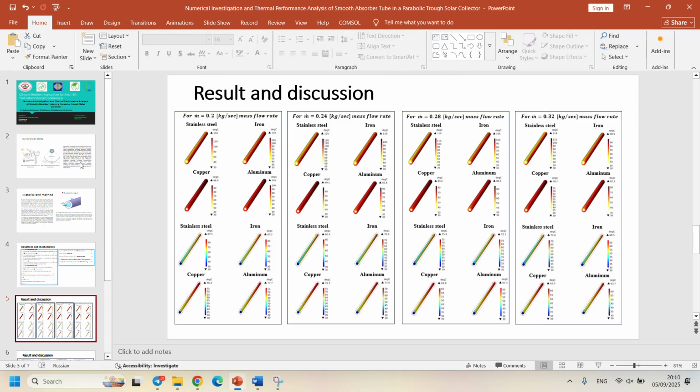In the first graph, you can see the surface temperature variation of the receiver and heat transfer fluid at different mass flow rates. As you can see that the higher surface temperature variation is observed with stainless steel, while the lower surface temperature variation is observed with copper one, because you know the copper has better thermal conductivity compared to the other materials: aluminum, iron, and stainless steel.